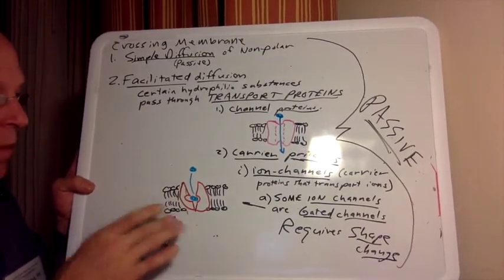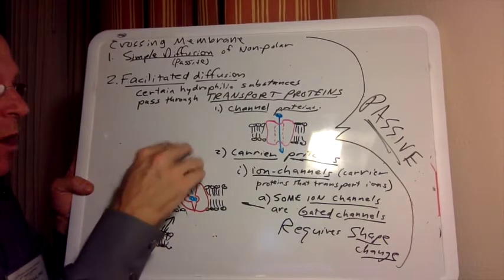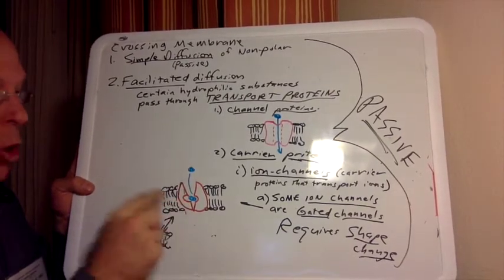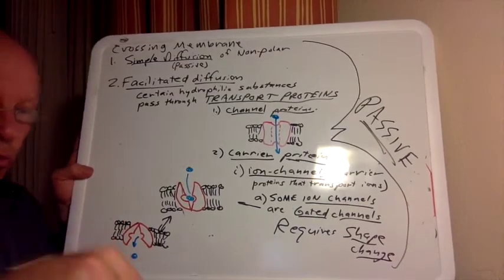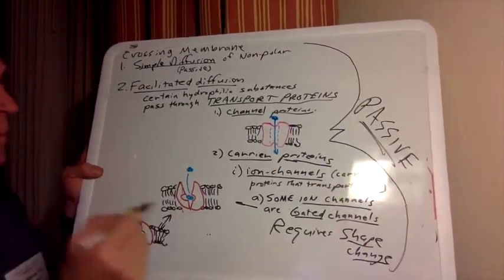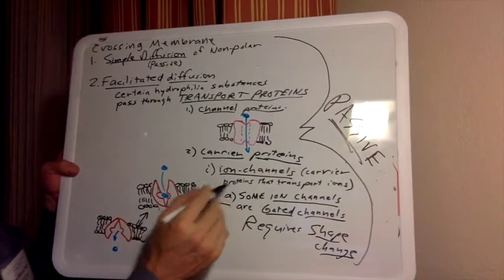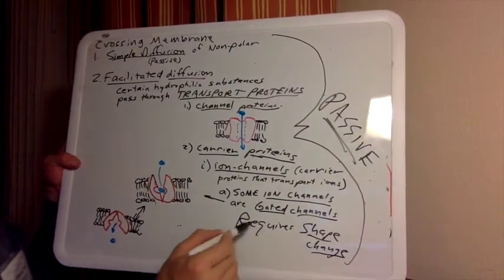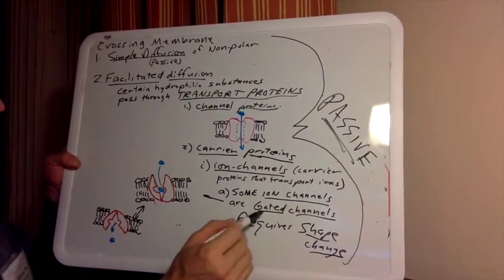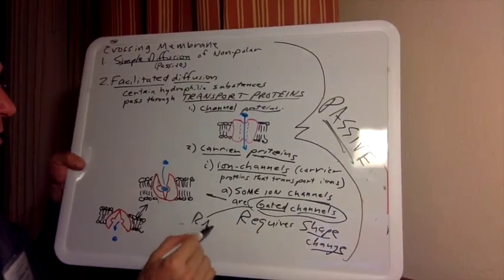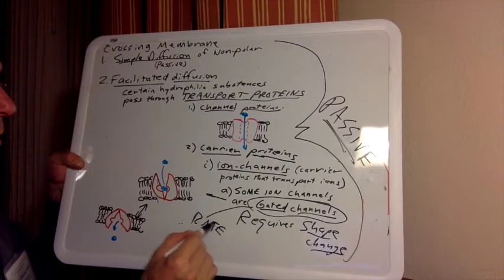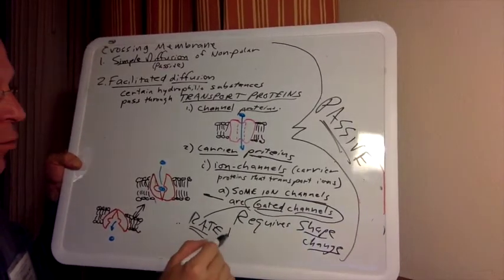Clicks. So when this thing has a large number of solutes on the other side, it only goes so fast. And so there's a rate concept right here. Because of this, in gated channels there is going to be a rate. They're going to be limited. They're going to be rate limited.